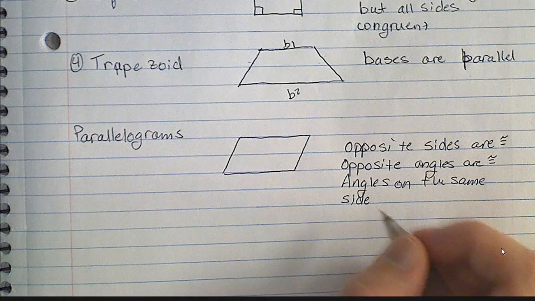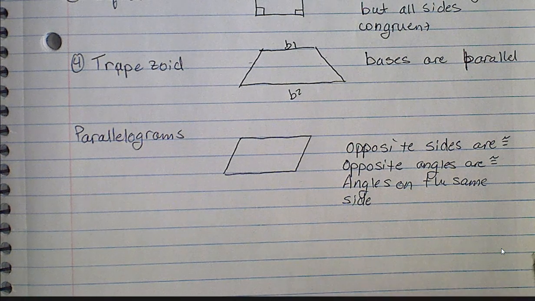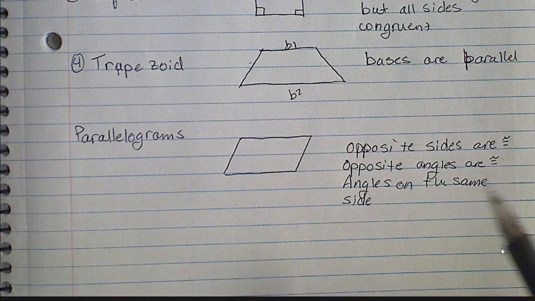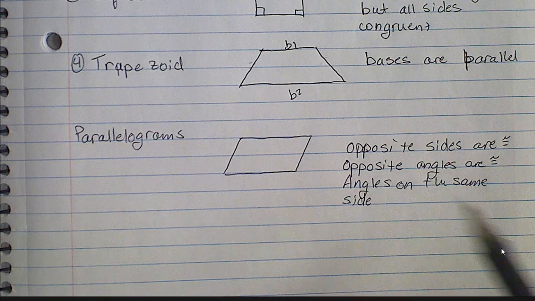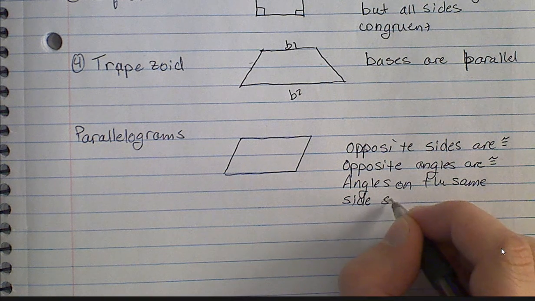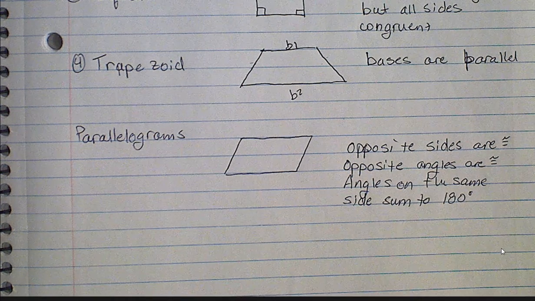We're going more in depth with it today. On Friday we looked at a brief overview of all the four-sided figures. On Friday's notes, all you had was that opposite sides were congruent. Today we're going to talk about opposite angles and the fact that angles on the same side sum to 180 degrees. And then we're going to do some examples using that.